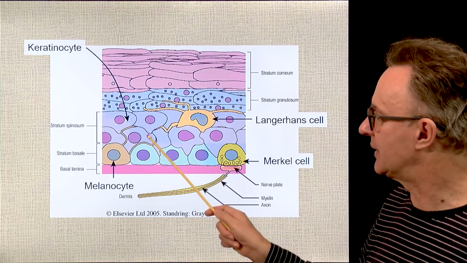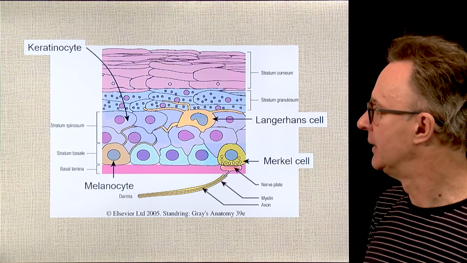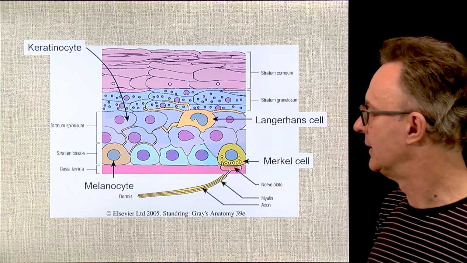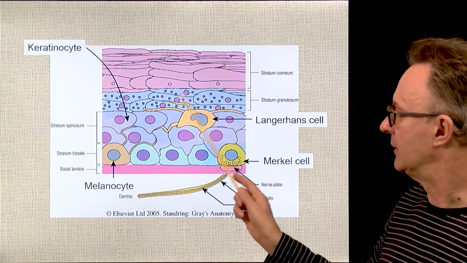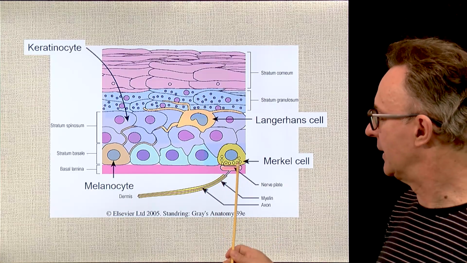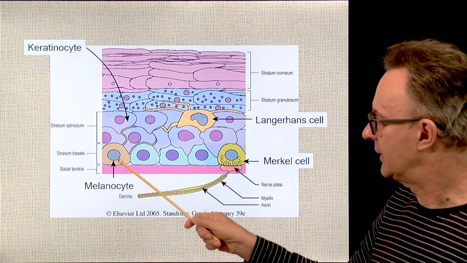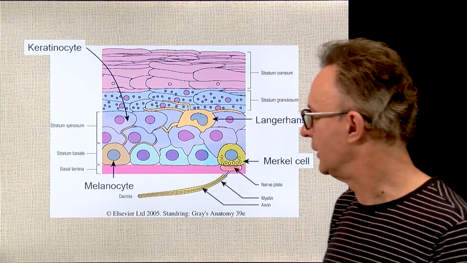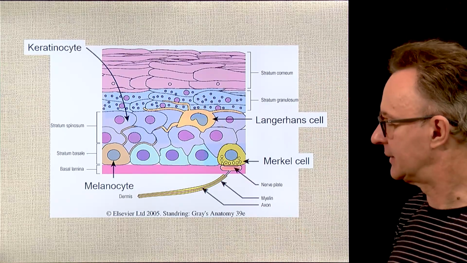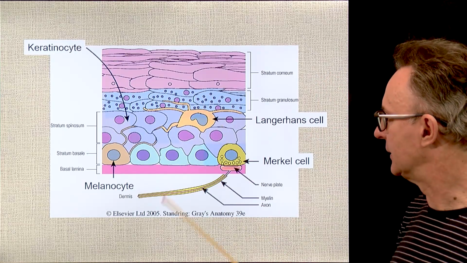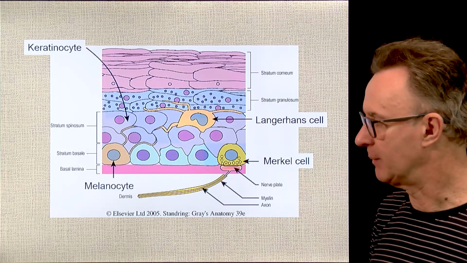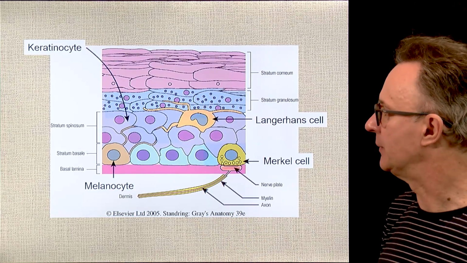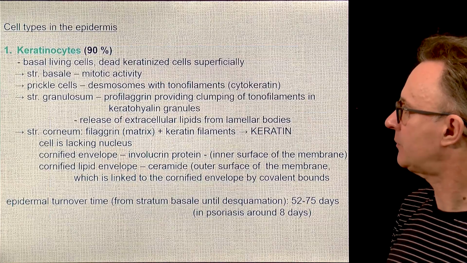This is the major cell type in the epidermis, but we have additional cells such as melanocyte, Langerhans cell, and Merkel cell. Melanocyte is for UV light protection, Langerhans cells for antigen presentation, and Merkel cell is a receptor cell, a mechanoreceptor. We will discuss this later.